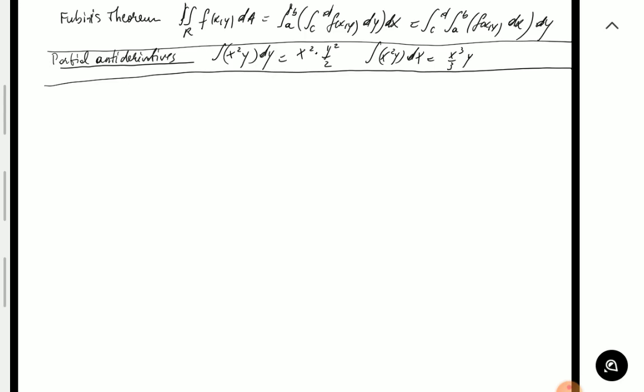All right, so let's take our first example. Let's say we want to find the integral of the function 6x squared y minus 2x, and the domain is given by x between 1 and 2, and then y between 0 and 2. All right, so let's do it in one direction.